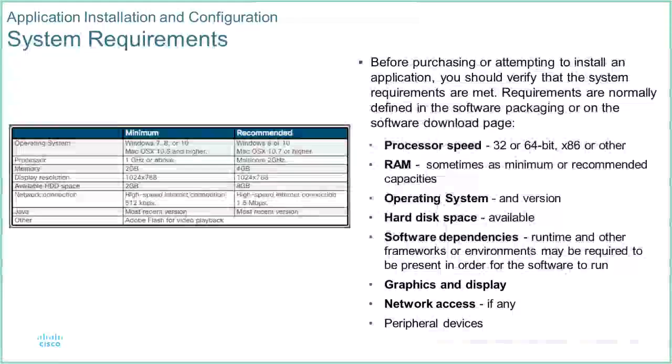The big one is always going to be RAM. The more RAM you have, the higher the performance you're going to get, and that's across the board. Then CPU speeds, whether it's multi-core or single core.